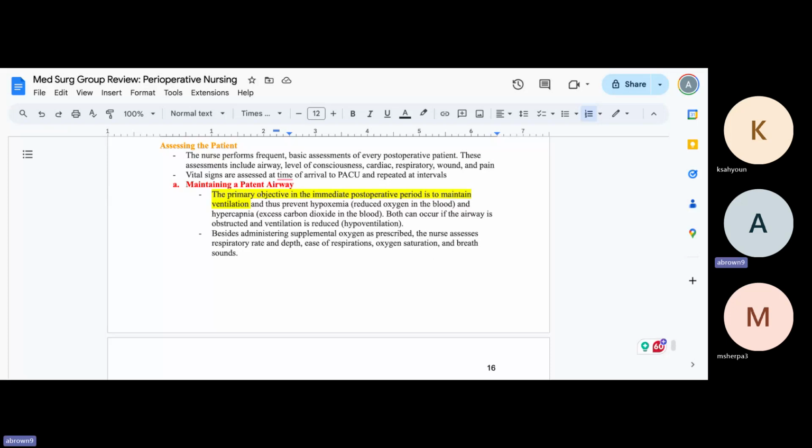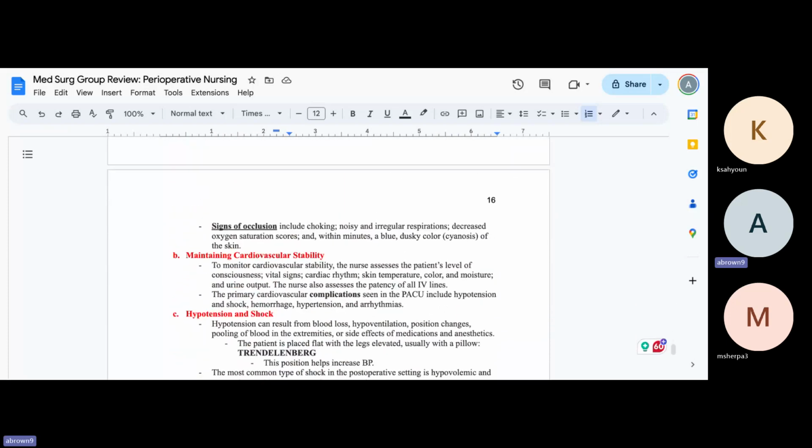Besides administering supplemental oxygen as prescribed, the nurse assesses respiratory rate and depth, ease of respirations, oxygen saturation, and breath sounds. So you're assessing all things respiratory, and you just want to prevent anything where there's low oxygen.